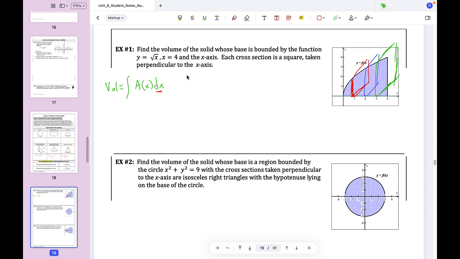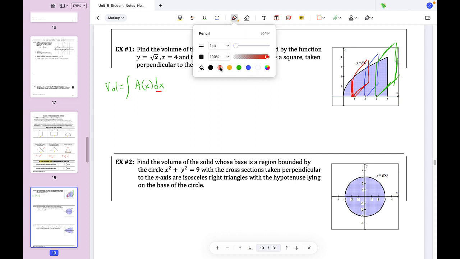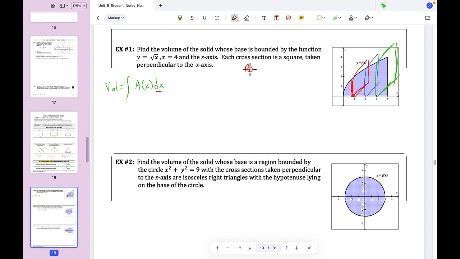Okay, so this is a square. So the area of a square, right? The area of a square is side squared. In this case, we're going to call it b squared or base squared, okay? Well, let's just look at this again and let's figure out what the side is.